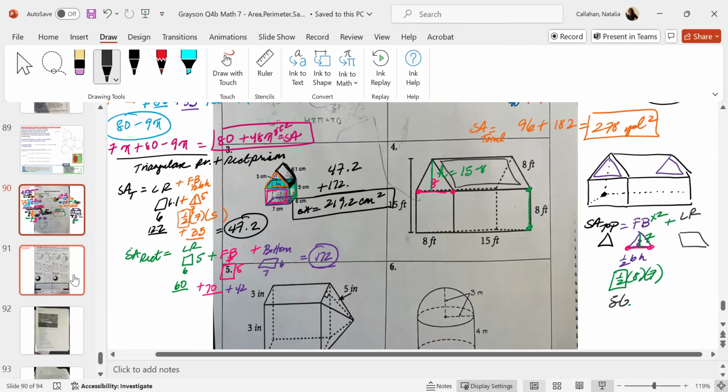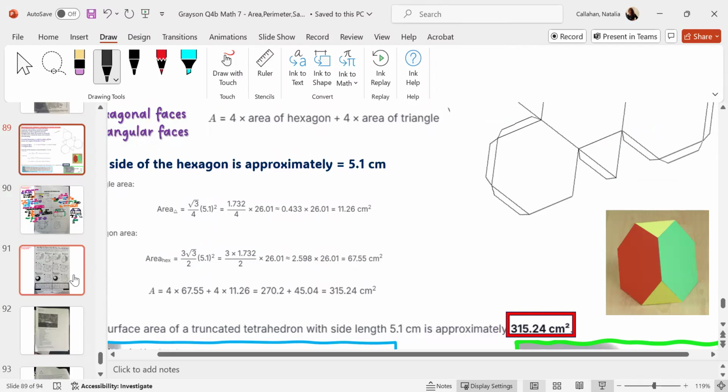What are the 2 numbers for this left and right side? I can't even see anything because it's so poorly drawn. 15, 7. 15. And then what is the side? It's not 7. 7 is the height. 8. Oh, no, hold on a second. I hate your teacher. She's an idiot.